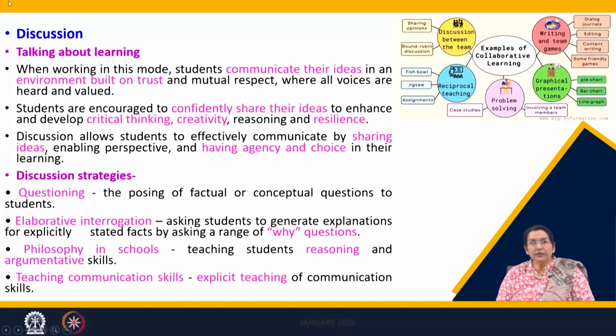So, discussion also gives a platform that allows students to effectively communicate by sharing ideas, enabling perspective, and having agency and choices in their learning. Discussion is such a forum, such a platform, where you not only communicate your own ideas, but also share ideas, learn from each other, understand others' perspectives, and have agency and choice, owning the responsibility of their own learning, and taking the agency of sharing their thoughts and ideas with others, etc. So, these are the benefits of learning through discussion.